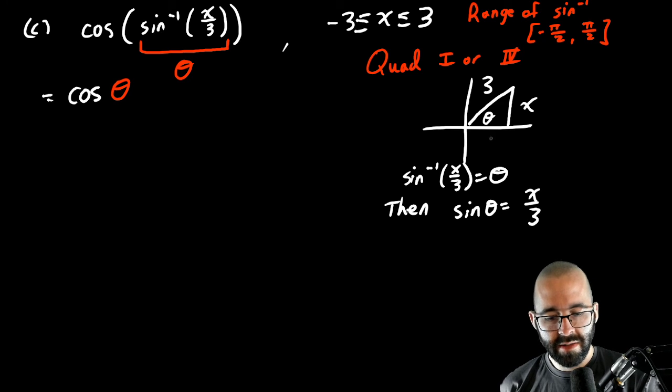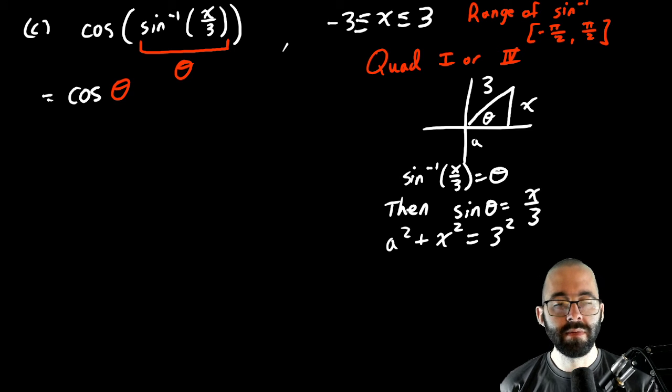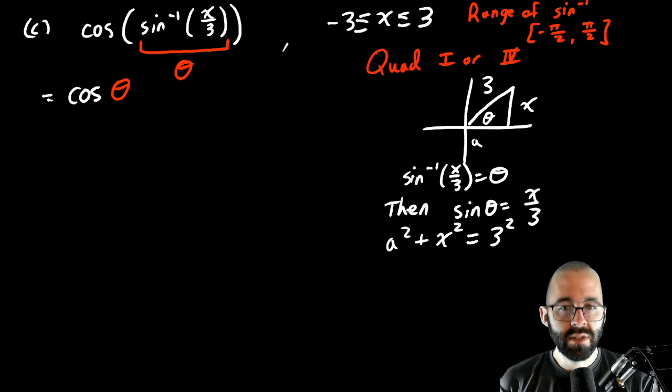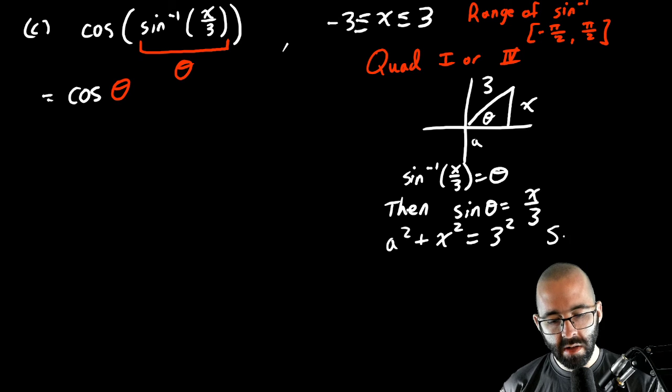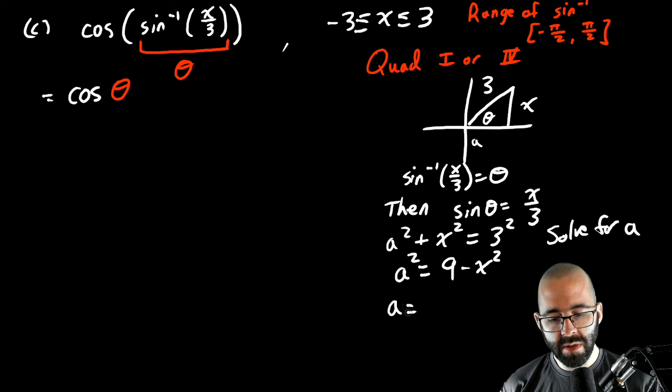We can call this A. We can call this whatever we want. Well, I know a squared plus x squared equals 3 squared, and we need to solve for a. So subtract x squared. That'll give us 9 minus x squared, and take the square root.